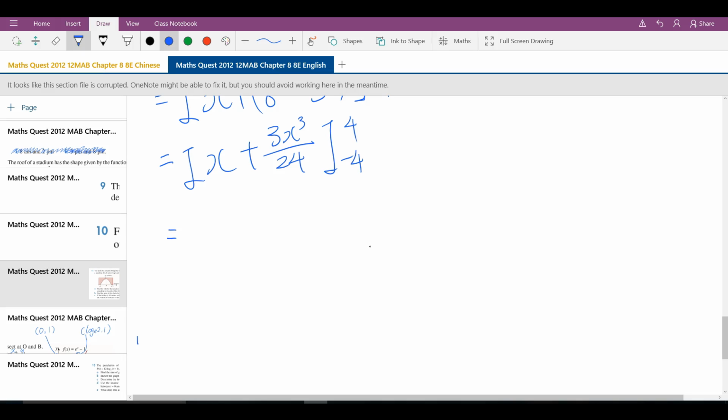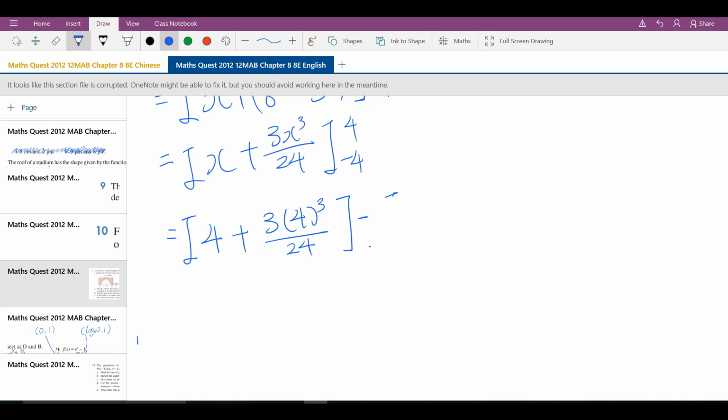So it's equal to 4 plus 3 times 4 to the power of 3 over 24, minus -4 plus 3 times -4 to the power of 3 over 24. Okie dokie. So 4 plus 3 times 4 to the power of 3 divided by 24.